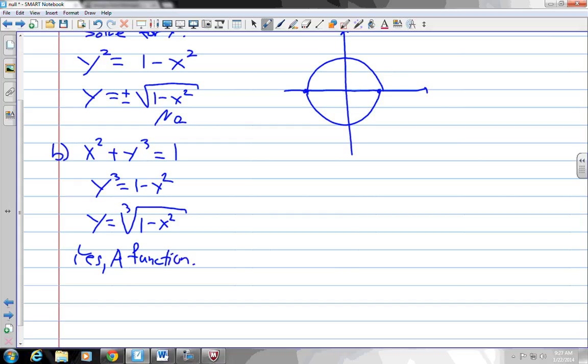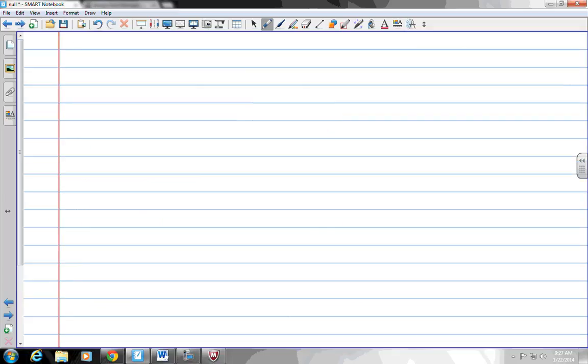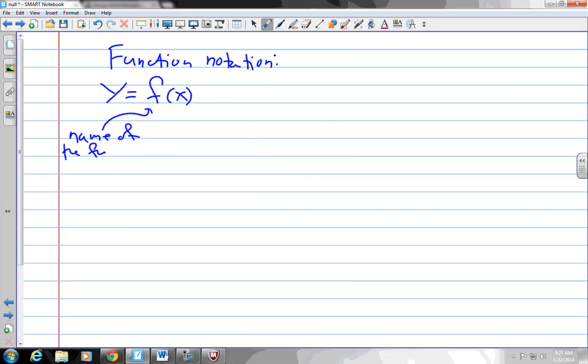All right, so function notation, going kind of fast through that. We've seen function notation all over college algebra. So this is your f of x thing, right? F is the name of the function. X is the independent variable.